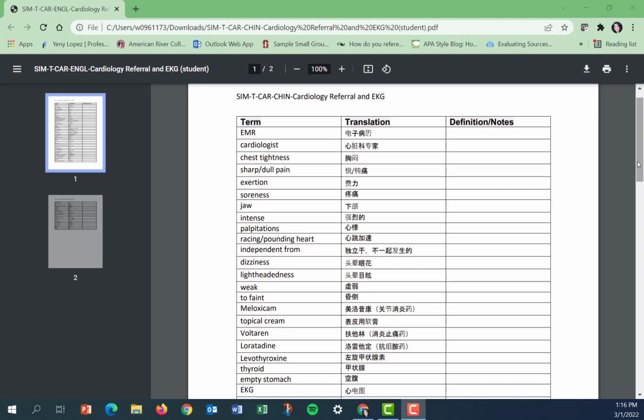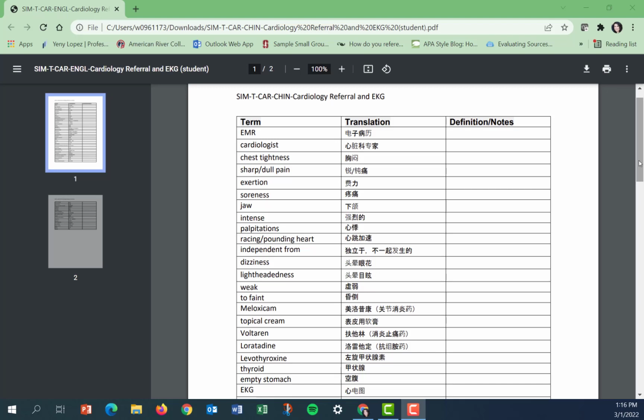The name of another medication, Voltaren. Is another medication, loratadine. Another medication, levothyroxine, sometimes pronounced levothyroxine.